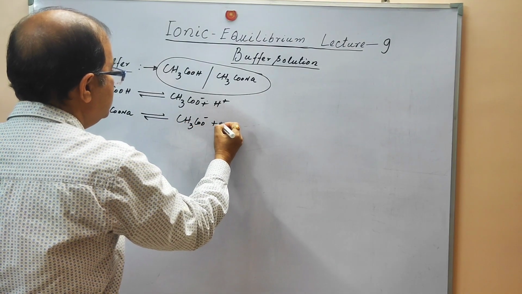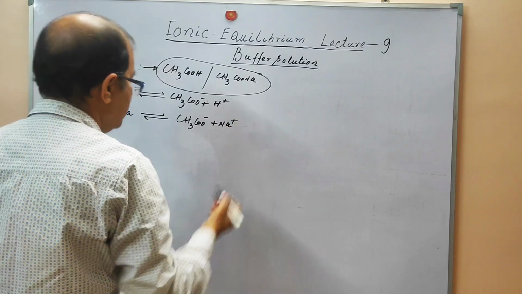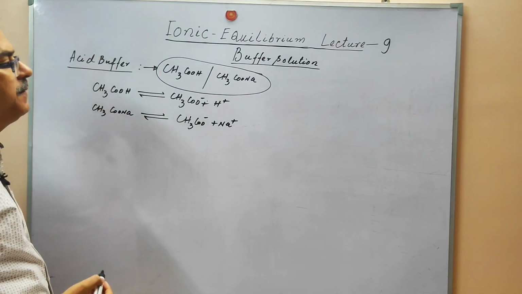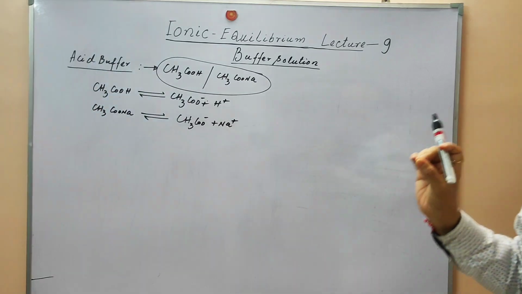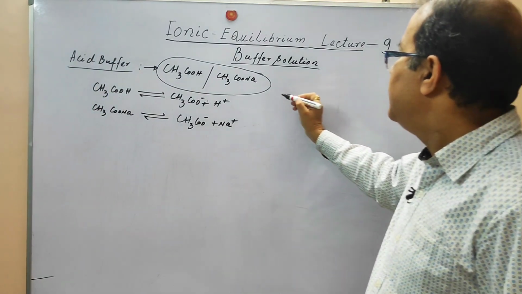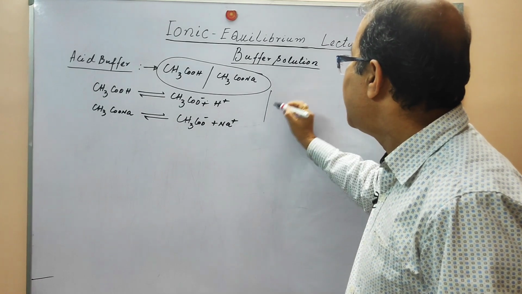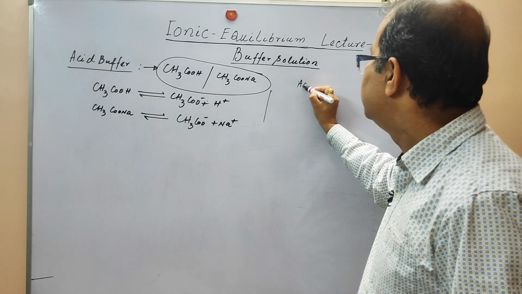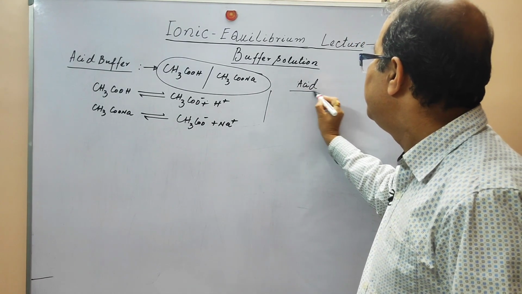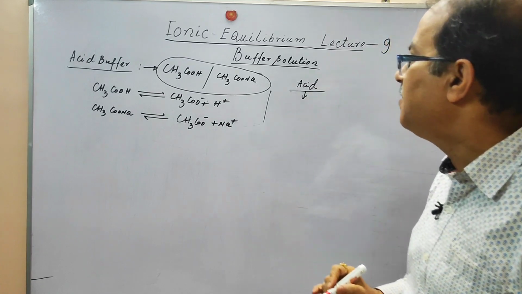We know salt is a very strong electrolyte. So what is going to happen when we add some H plus ion, meaning we are adding some acid? So when we add acid, what is going to happen?